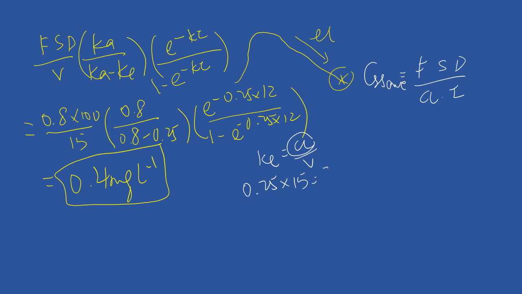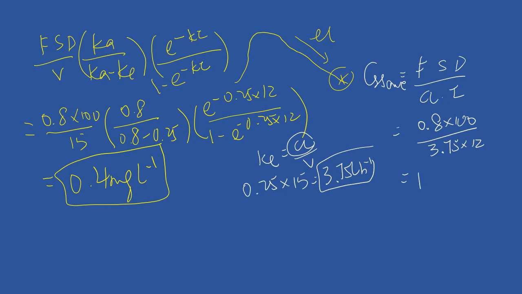Your answer should be 3.75 liter per hour. So put this value to the equation. That will be 0.8 multiplied by 100 over 3.75 multiplied by 12. The average steady state concentration will be 1.78 mg per liter.